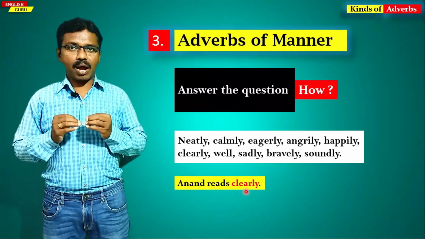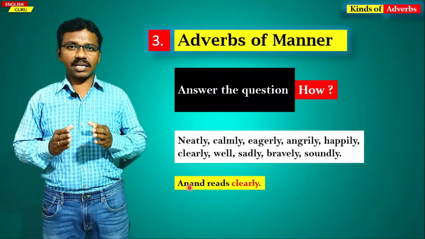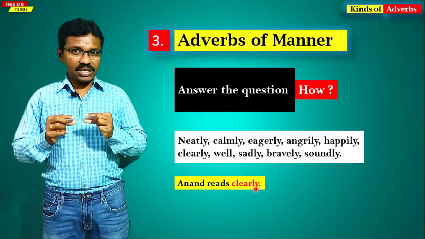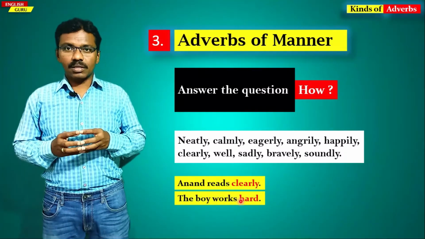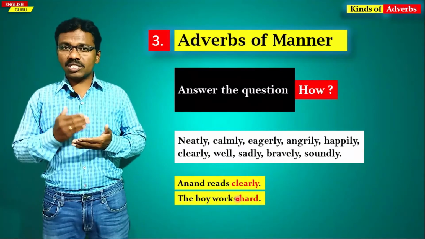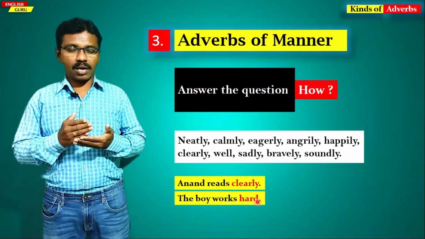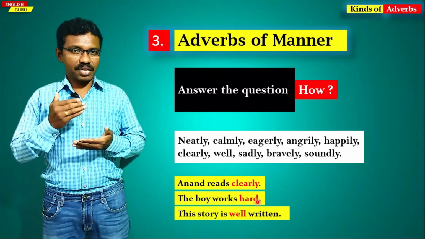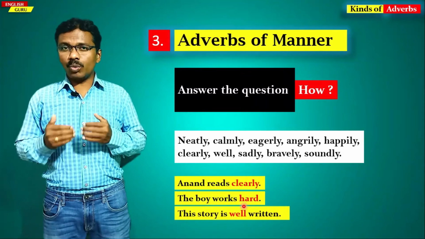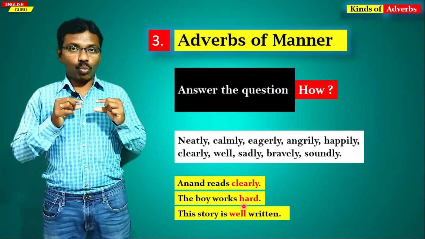For example, Anand reads clearly. How does Anand read? Clearly. The word clearly is an adverb of manner. And the next one is, the boy works hard. How does the boy work? Hard. So hard is an adverb of manner. And the next one is, this story is well written. How is the story written? Well.